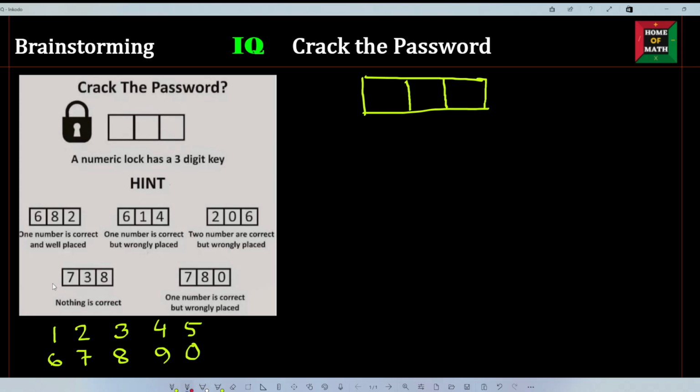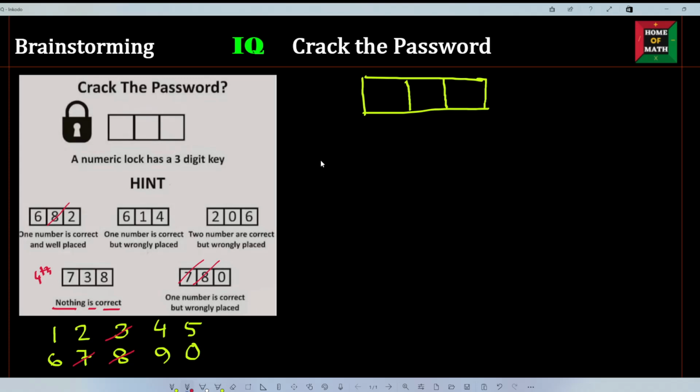Look in the fourth box. Fourth box, nothing is correct. So no need to think anything. Just 7 3 8 we can out. Here is also 8, we can out, 7 we can out and 8 we can out.